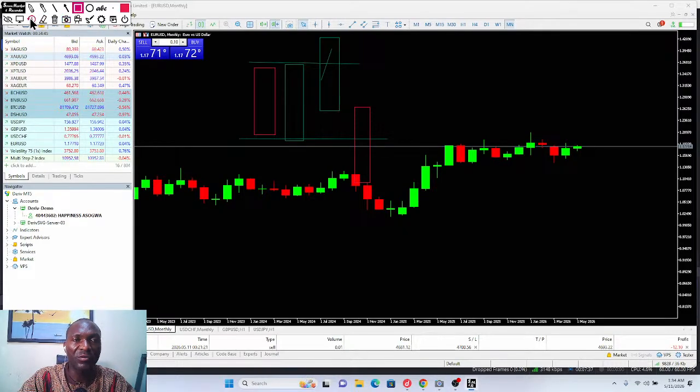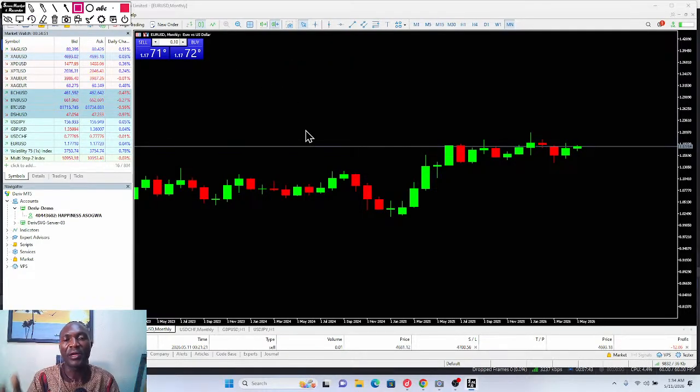The key components of market structure are the swing high and swing low, which in an uptrend are higher high and then higher low. We're going to see all this in a short while.